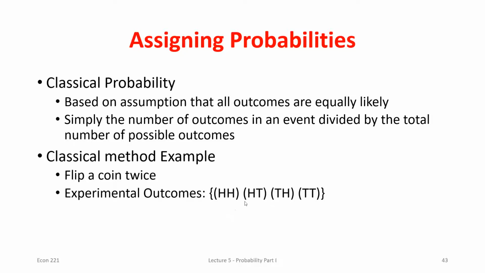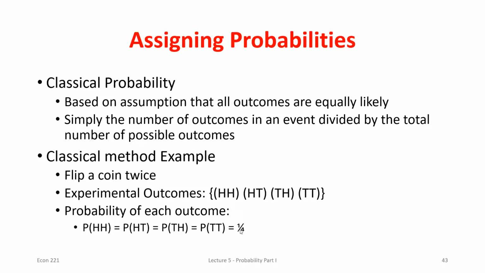If I have 4 possible outcomes, the probability that I get 2 heads would be just 1/4, 4 possible outcomes, all equally as likely. And if I add up those probabilities of every possible outcome, 1/4 plus 1/4 plus 1/4 plus 1/4, they should add up to 1. I've included every possible outcome. So the classical method kind of makes sense.